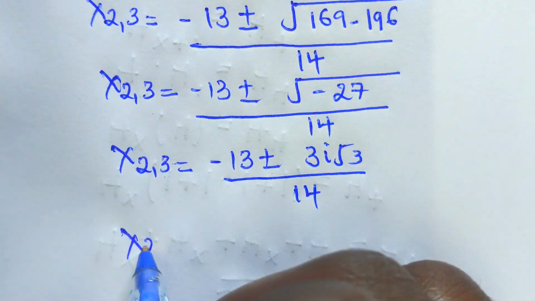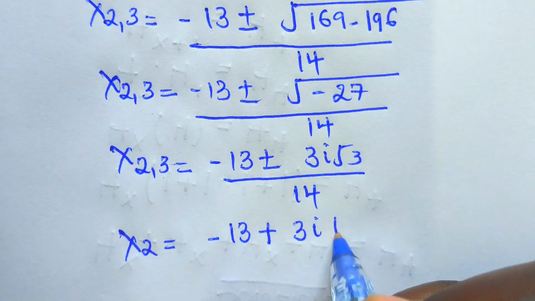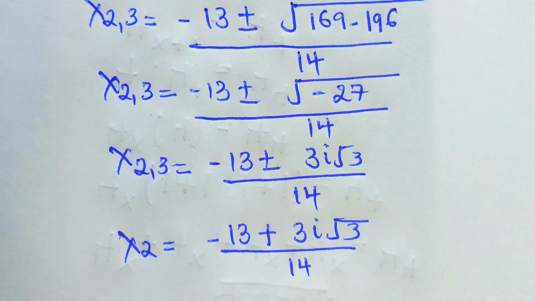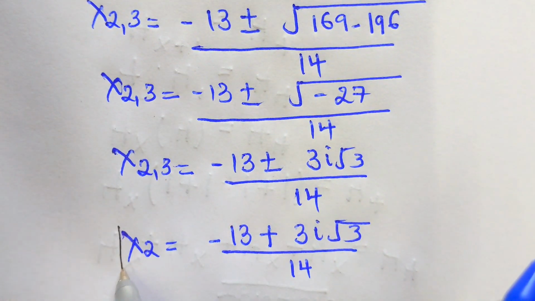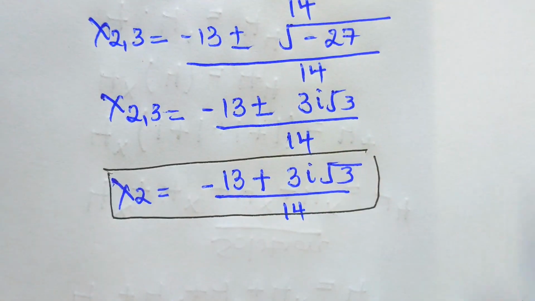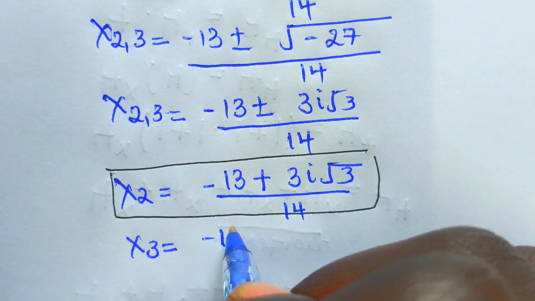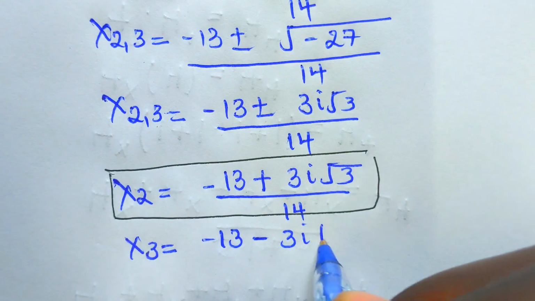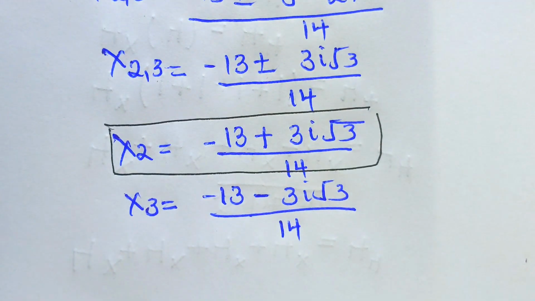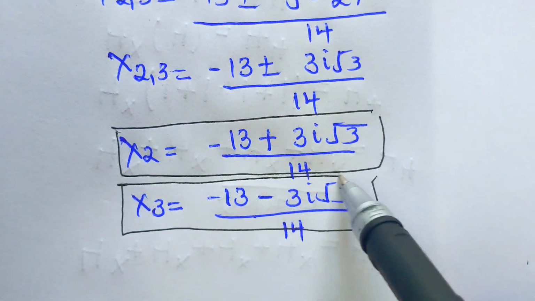And x2 only will be negative 13 plus 3i square root of 3, over 14. And this is what we have right here. And x3 will be negative 13 minus 3i square root of 3, over 14. And we have right here.